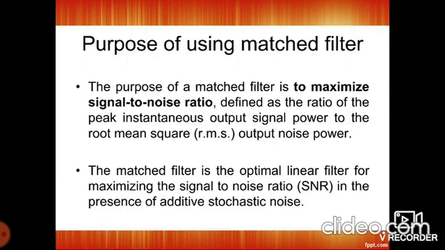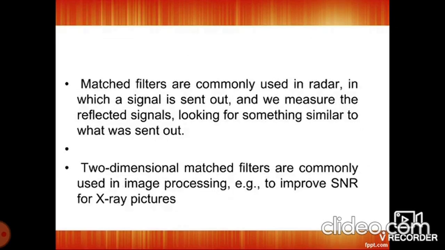Matched filter is an optimal linear filter for maximizing the signal to noise ratio. So in all types of electronics and communication systems, for communication purposes, matched filter is very important.